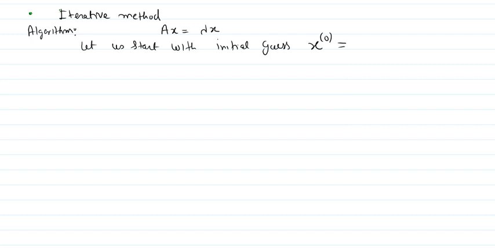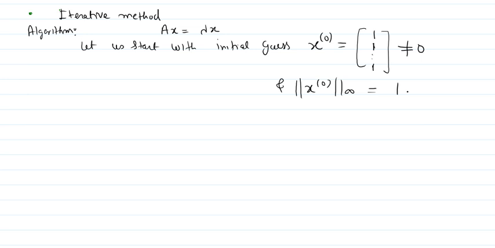You can take it like 1 1 1 1, and it should be non-zero. And one more condition is that its norm should be 1. So we can take like 1 1 1, 0 1 0, 0 0 1, anything you can take.